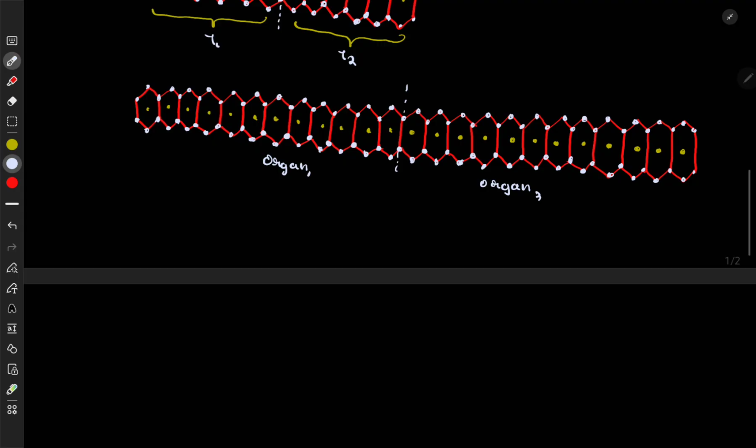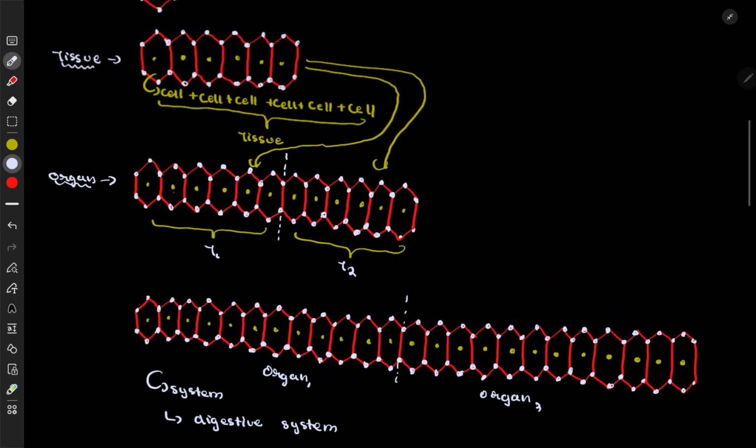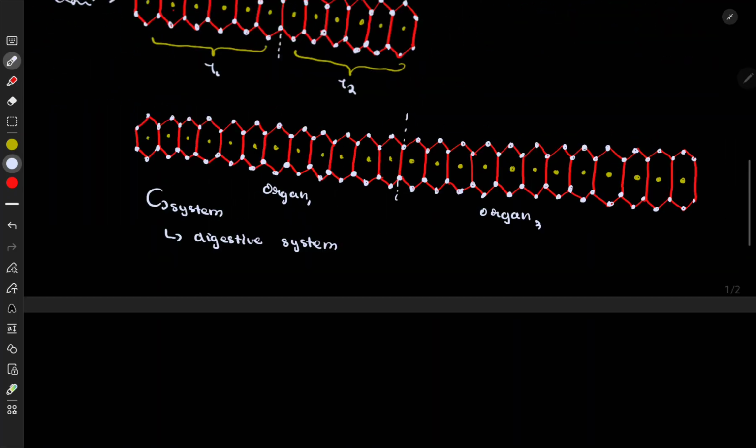These two organs do functions related to each other, like helping in different processes in digestion. So together they form a system. What is the system called? Digestive system. Fine.